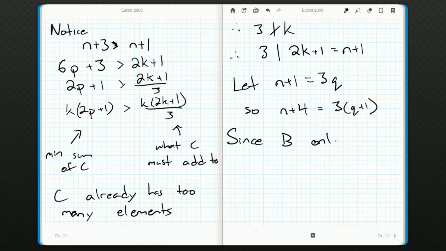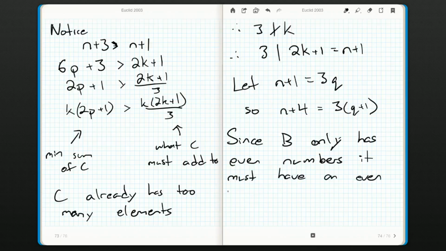So since B only has even numbers, it must have an even sum. Therefore, 2 must divide n times (n plus 1) all over 2. But n is even, so n plus 1 is odd.